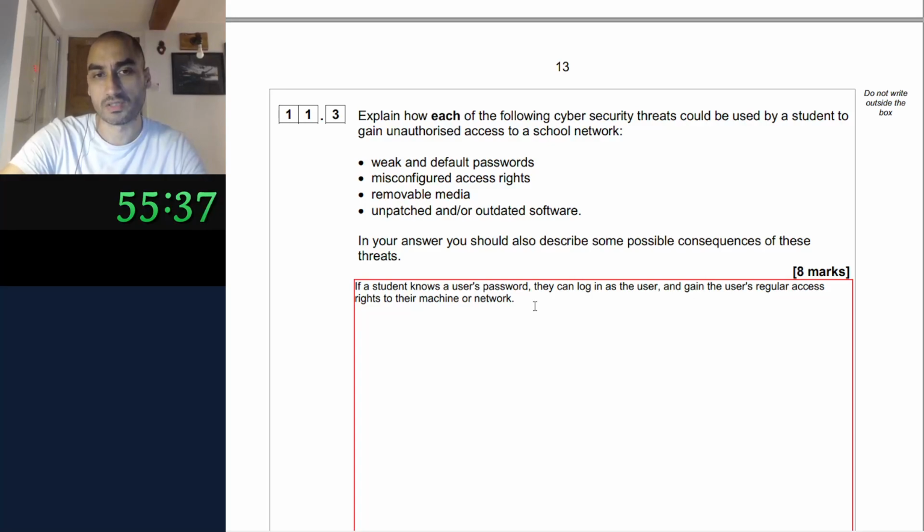Misconfigured access rights. If access rights are misconfigured, I mean, it's self-explanatory, isn't it?